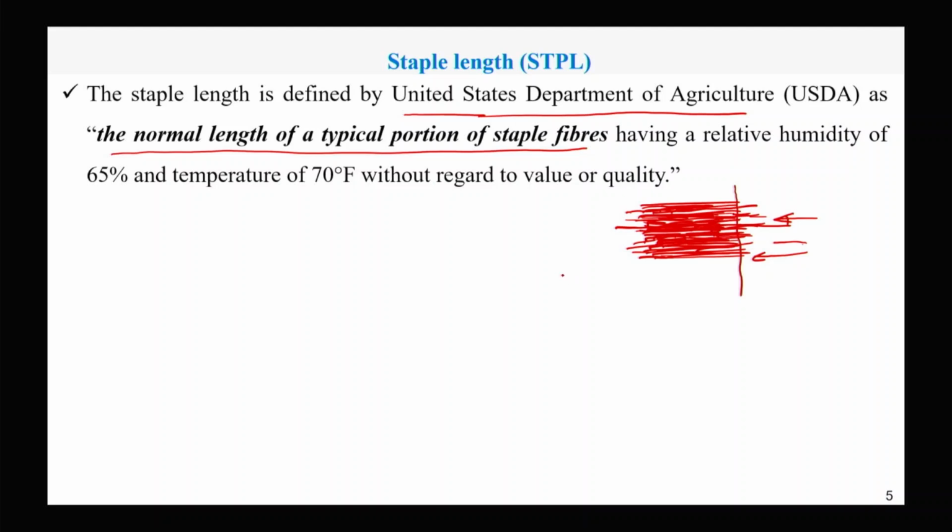Similarly, if you go from the left side, we can draw an imaginary line where a sudden increase in the number of fibers is there, and the distance between these two is called staple length.